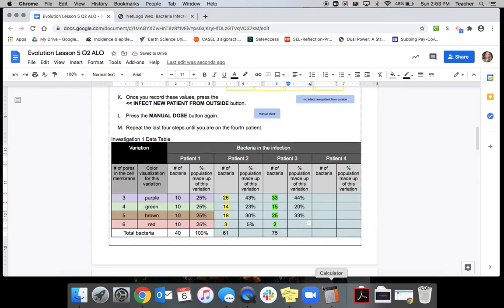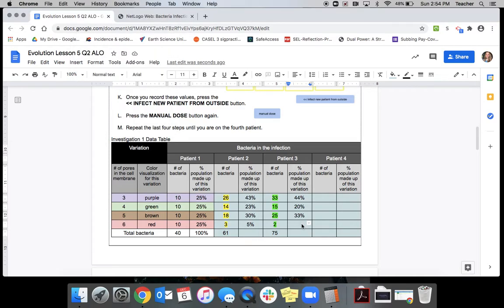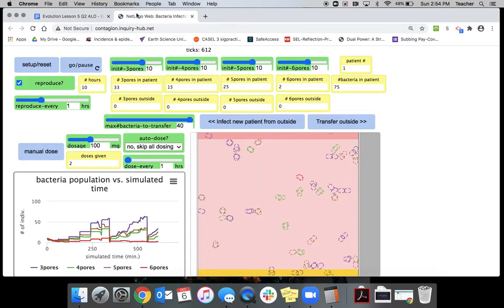And 2 divided by 75 is about 3%. So you might notice some variations in this simulation are much more successful than others. Namely, the purple looks like it's doing the best so far, and the red looks like it's doing the worst. So let's run this simulation one more time, infect one more person, and see what happens.